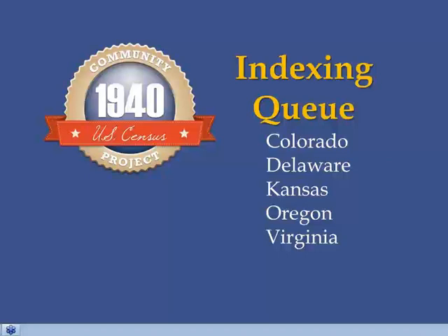But then after that, the next big state will be California, and we know that that'll have a lot of broad interest and broad appeal. And right now, today, we've had about 20,000 people indexing. In addition to that, we've had about 4,000 people who have been doing arbitration, which is the final step to make sure that the indexing has been accurate.